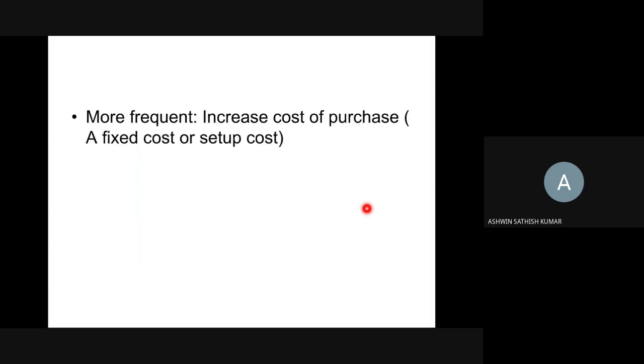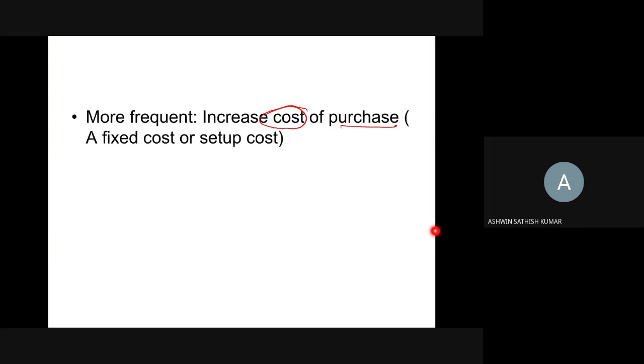So here, if you say that we can procure the item more frequently, when we procure the item more frequently, that will increase the cost of purchasing, right? Why? Because each time you have to go to the market, there is a cost of the petrol.